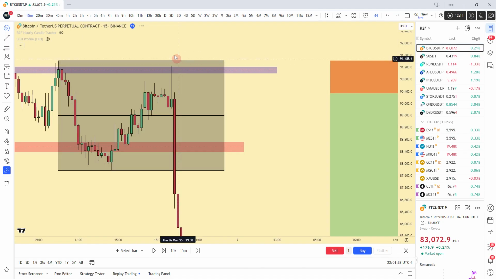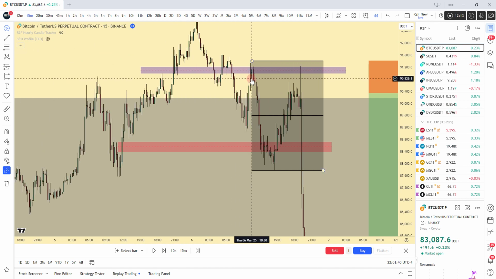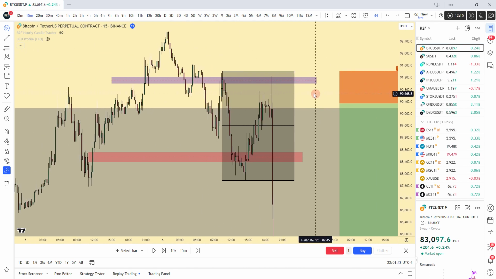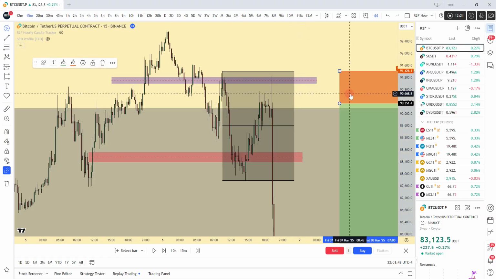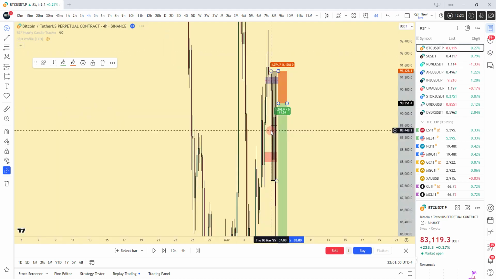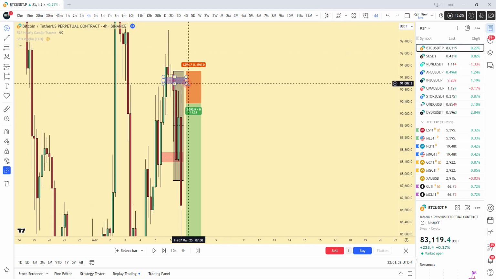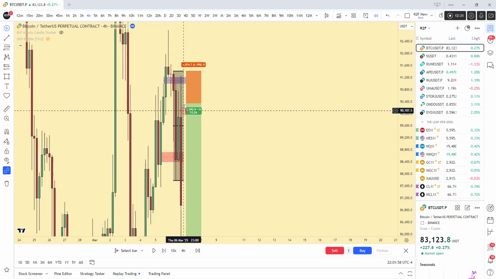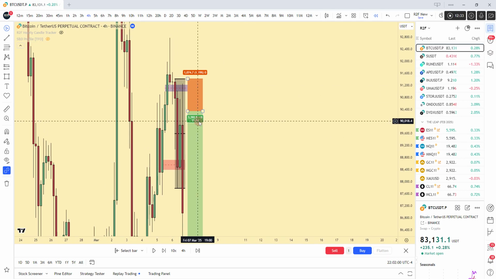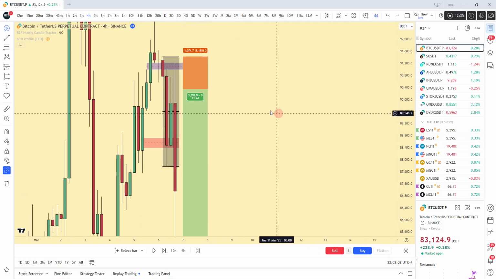Yeah, so it's just price going above and beyond what it normally does. As you see on the 4 hour, this gap was used, and coming back to here is just price going the extra mile.